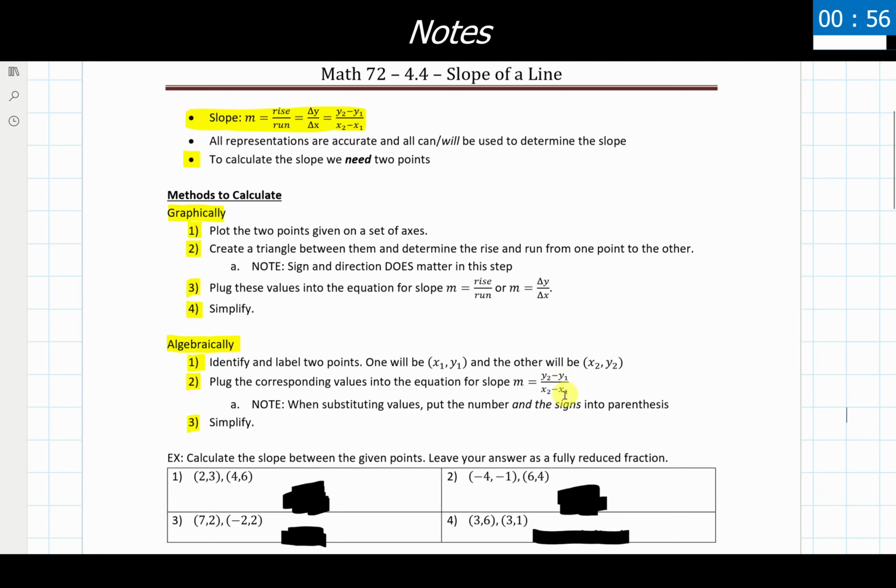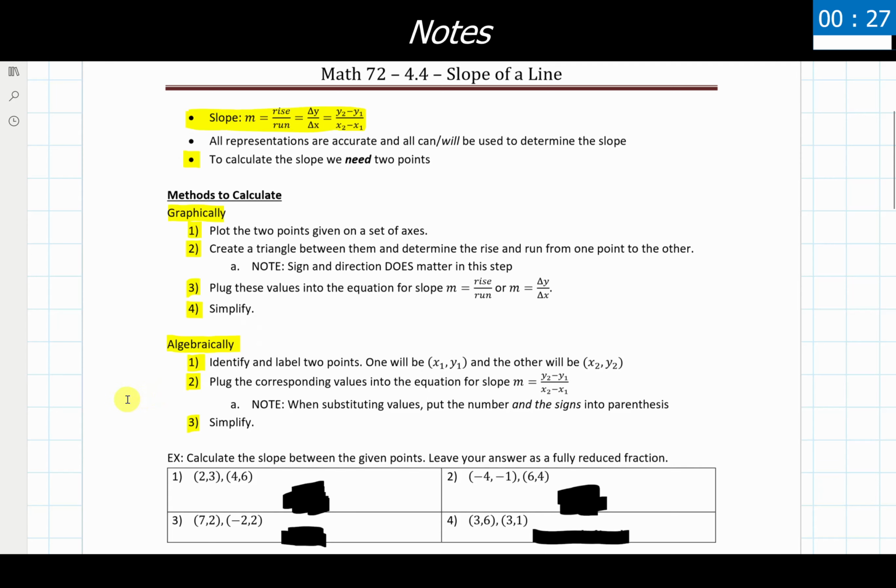That's already a negative, so I'll just put in minus and then just put a 3 here and call it good. When actually, if we do that, we would have sign changes that would show up, and that's going to affect our overall problem. So make sure that when you are substituting values in, the number and the sign get substituted into parentheses. If we're missing that, that's generally where errors occur as we go through these types of problems.